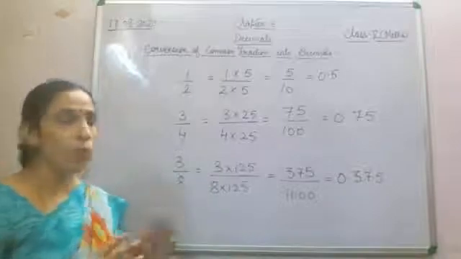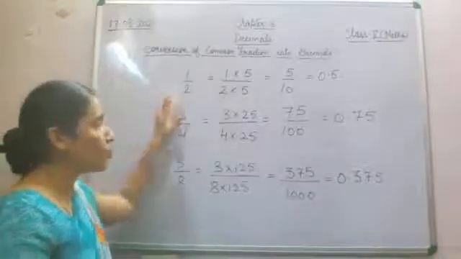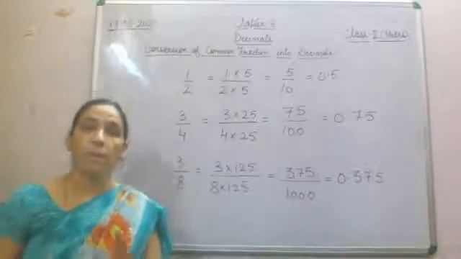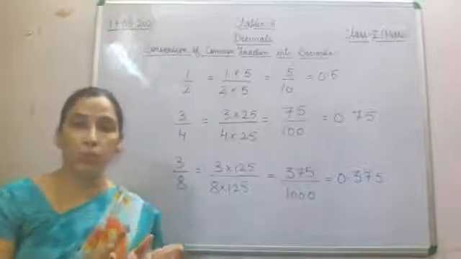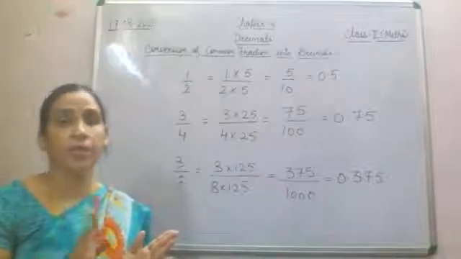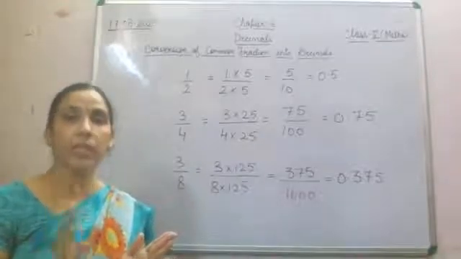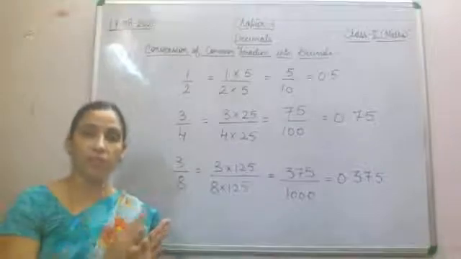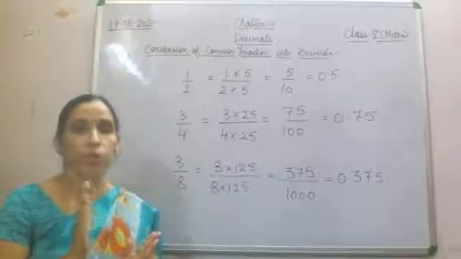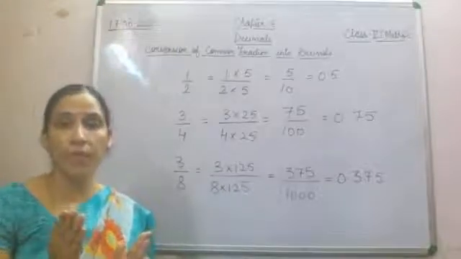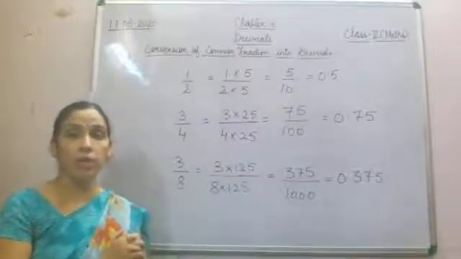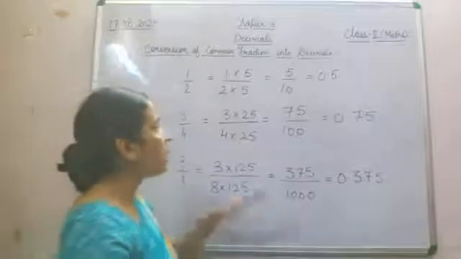Whatever common fraction is given to you, you have to see by which number you will multiply the denominator so that you get 10, 100 or 1000 in the denominator, because decimal places start with tenths, hundredths and thousandths.